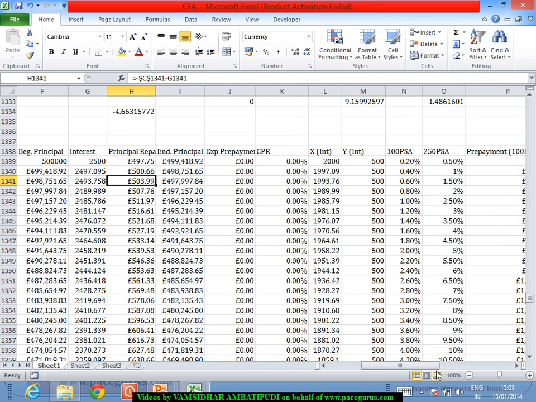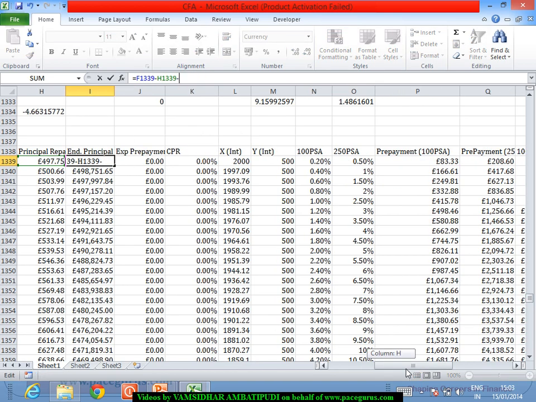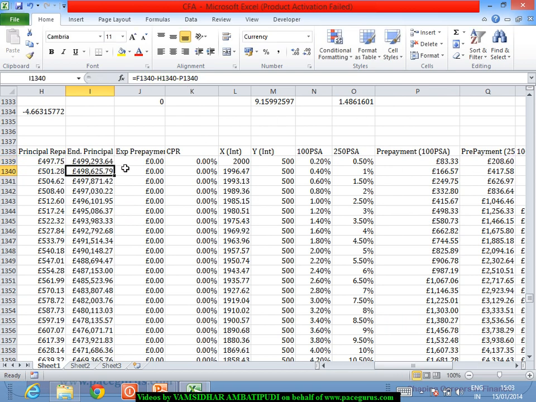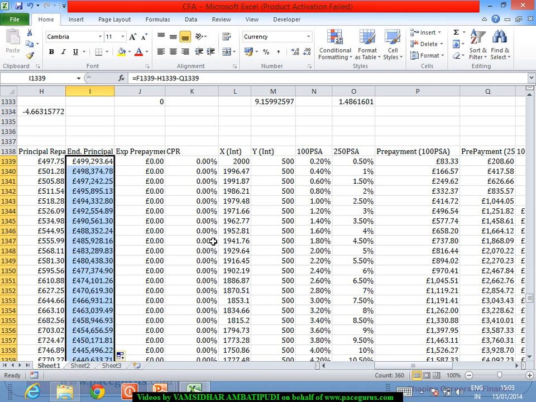So what I would like to look at here is the ending principal. Instead of taking P 1339, I will look out for this particular number. So this is happening with the ending principal, and I replace and refresh it. I'm going to get these as my numbers.